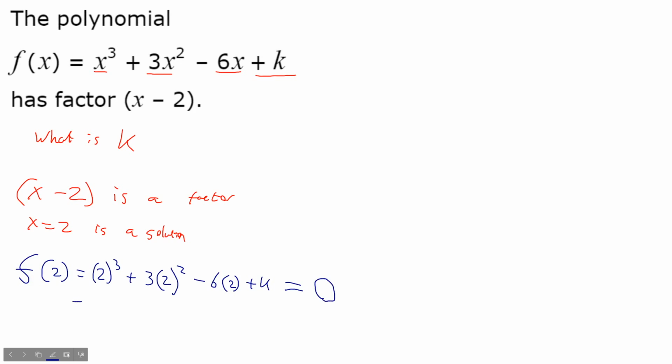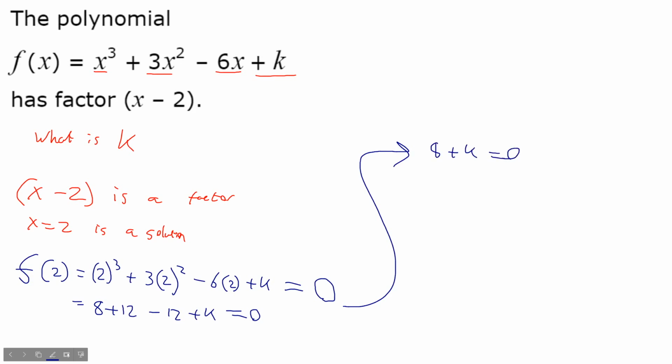So we can say that 8 plus 12 minus 12 plus k is equal to 0. And so therefore, I'll write it up here, 8 plus k is equal to 0. And so therefore k is equal to minus 8. And that is our final answer.